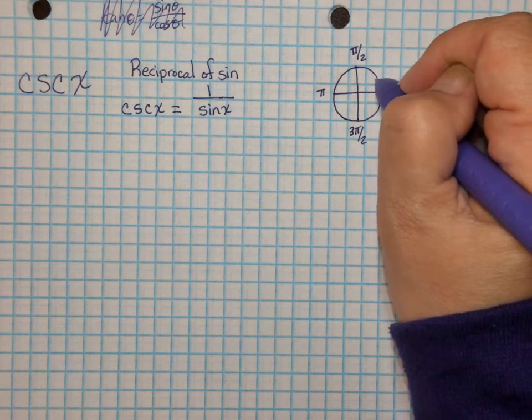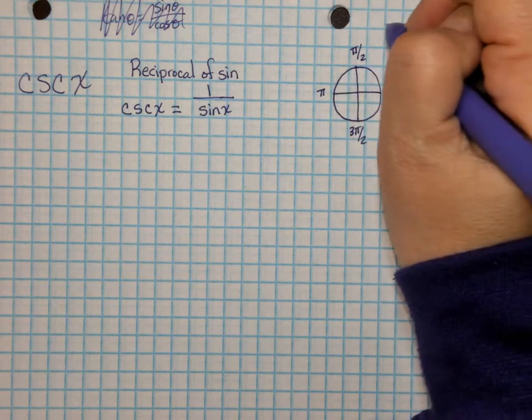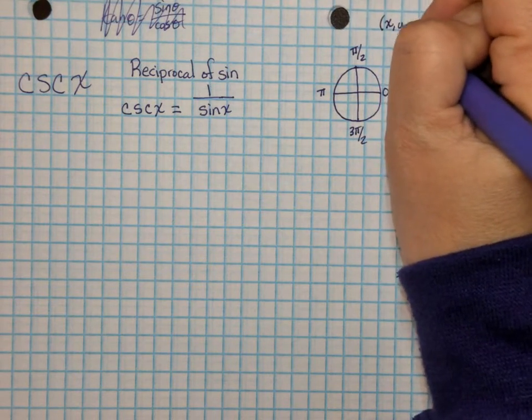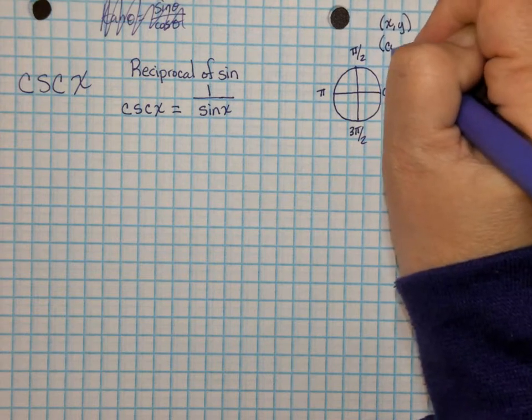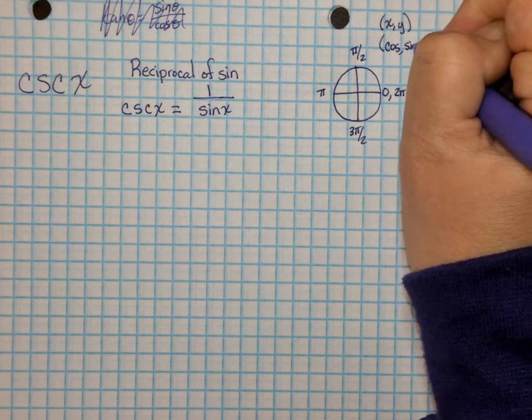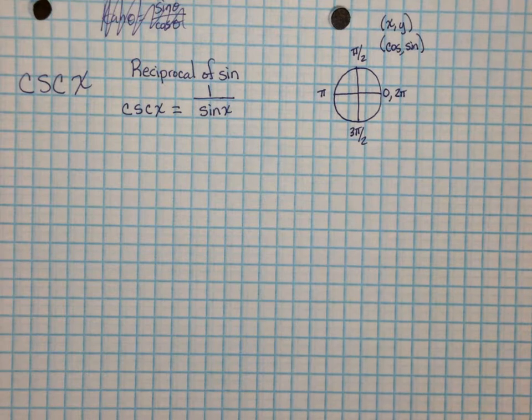We remember that all of our ordered pairs around the circle are given as x, y, but those values are cosine, sine. So y is our sine value.